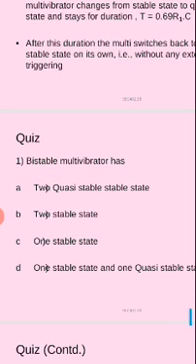So bistable multivibrator has two stable states. Option B is the right answer. Two stable states.